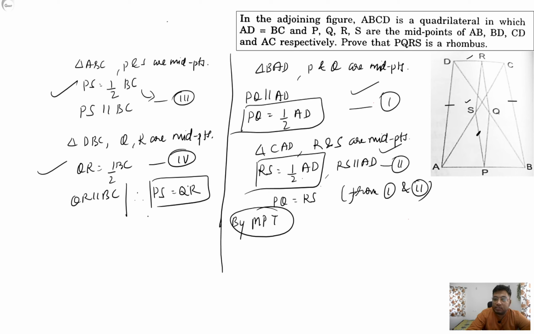So we have a figure where opposite sides are parallel and equal. If you notice the quadrilateral PQRS, what did we just prove in it? We have proven that PS is equal to QR, and we have just proven that PQ is equal to RS.